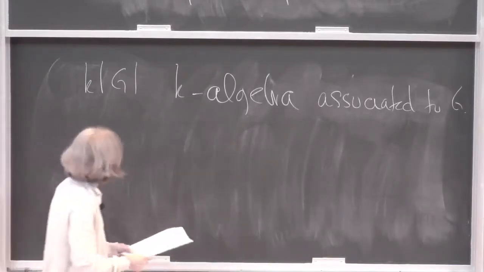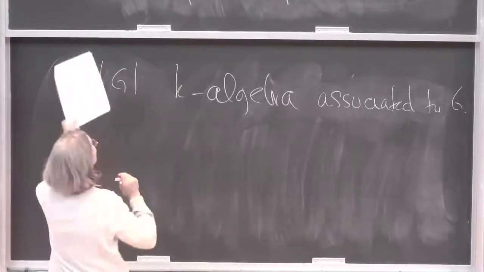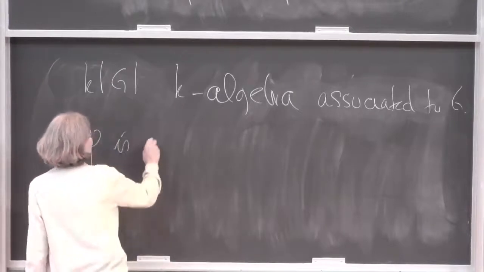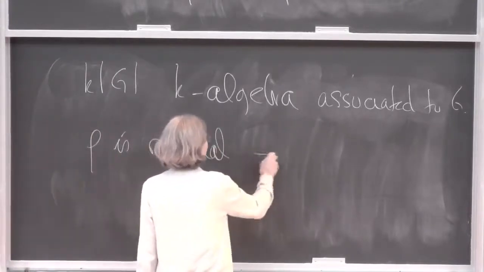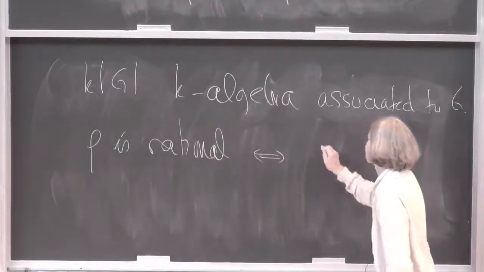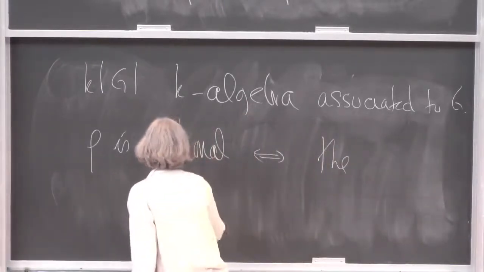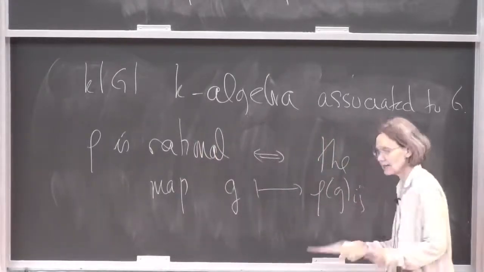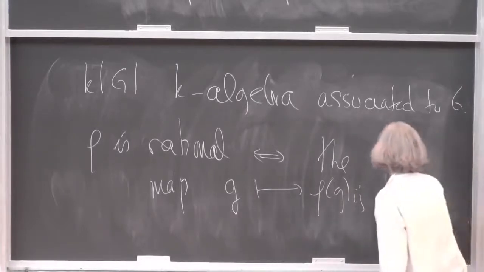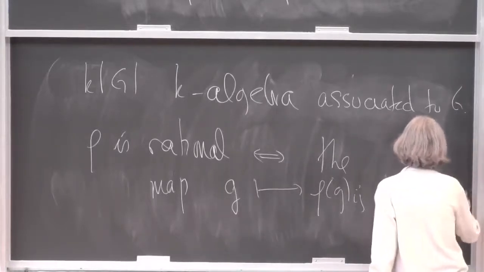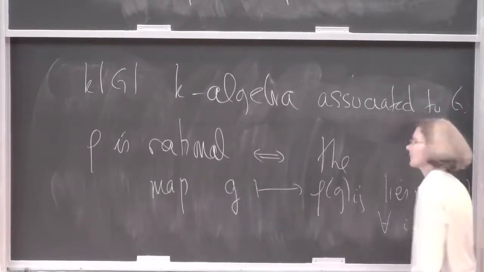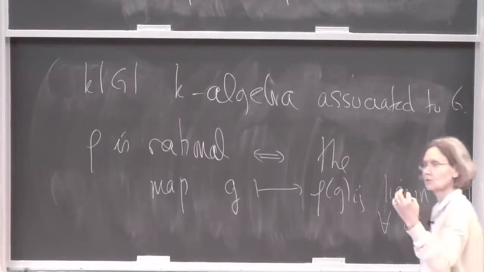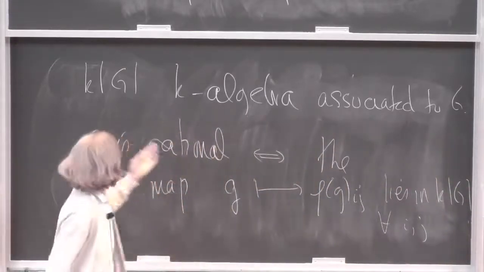And so saying that this is a morphism is the same as saying that rho is rational if and only if the map sending an element g of G to rho(g)_ij lies in K[G] for all i, j. So the coordinates that you see in your matrix, taking a g and mapping it to some coordinate, should be one of your nice functions on the group.